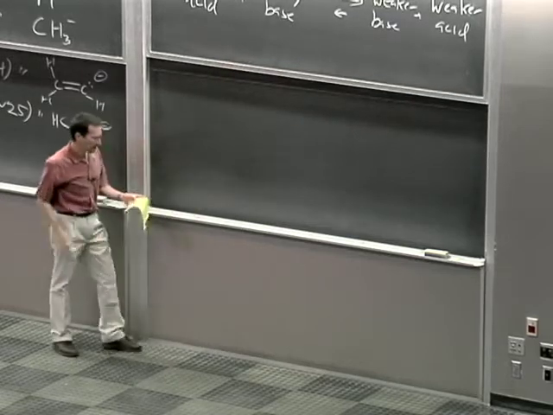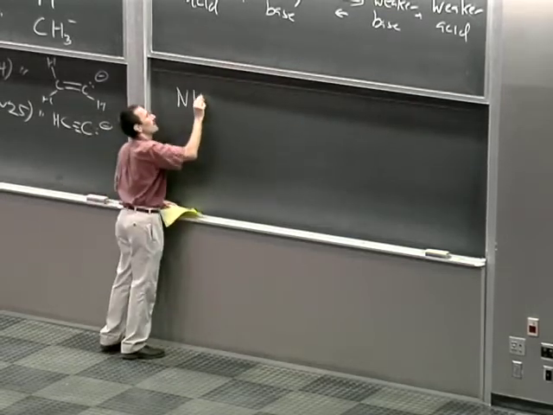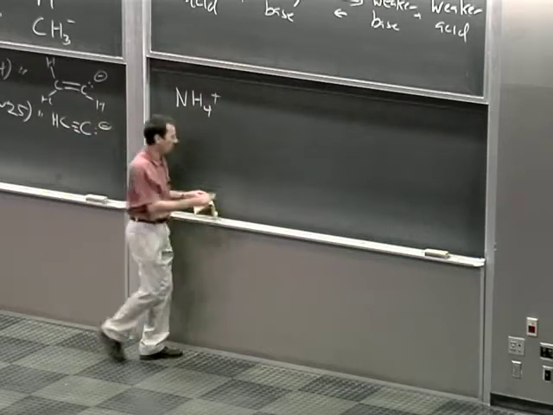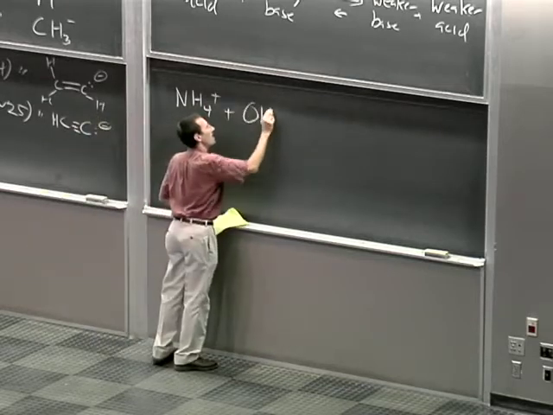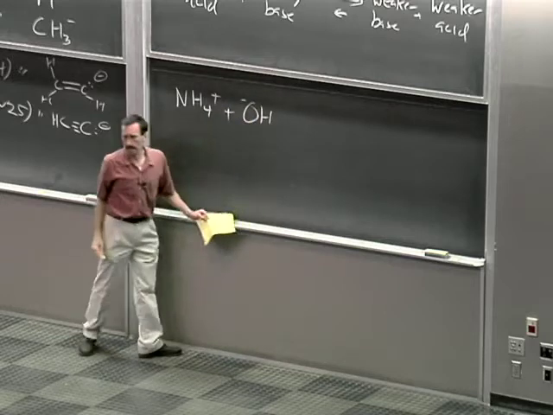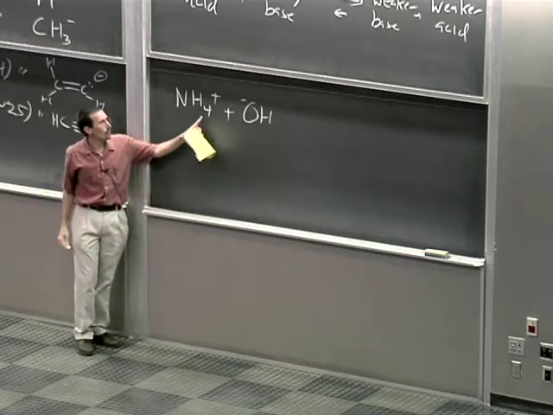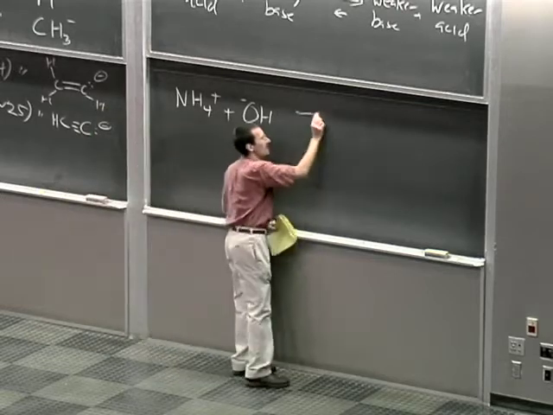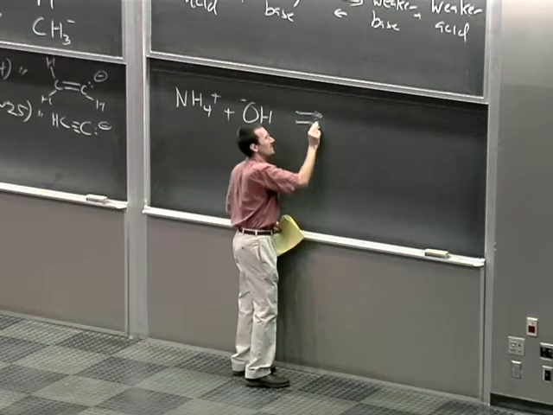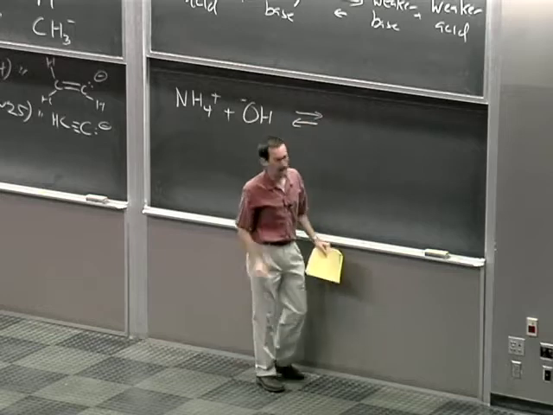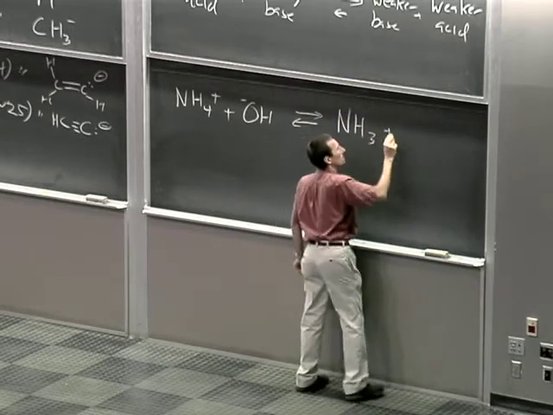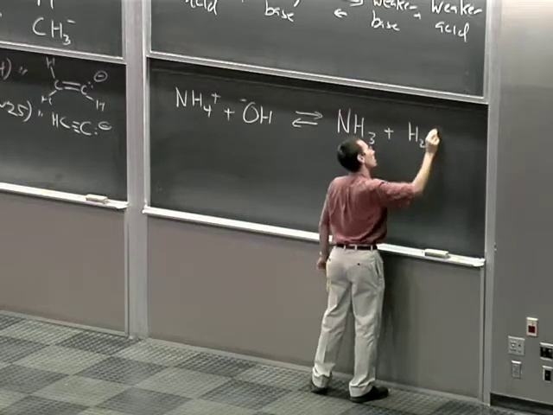I mean, let's take NH4 plus, this is an equation you'd see in general chemistry, and hydroxide anion, and look at the reaction where ammonium gives up a proton to hydroxide anion, and we have an acid-base equilibrium to generate ammonia plus H2O plus water.